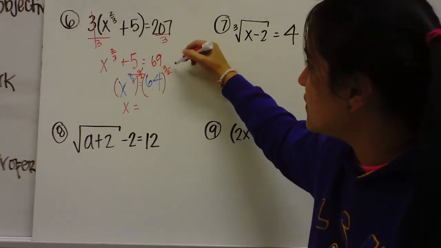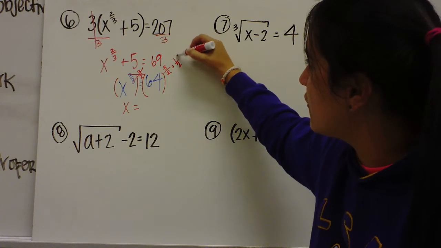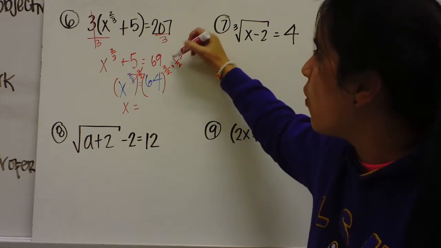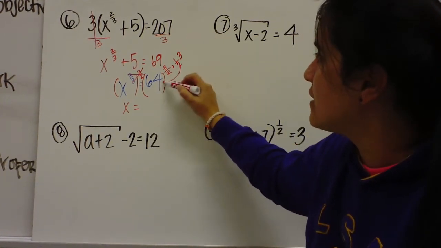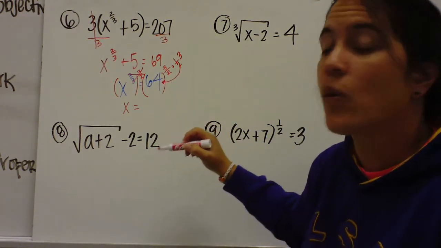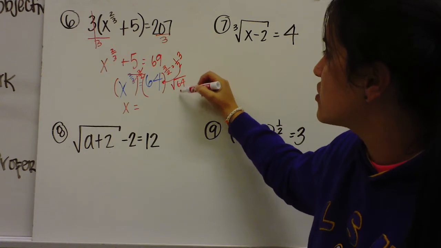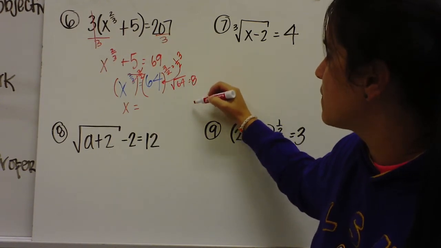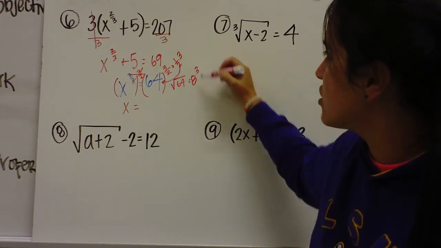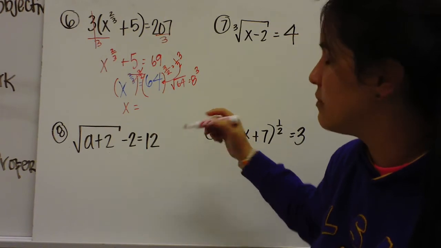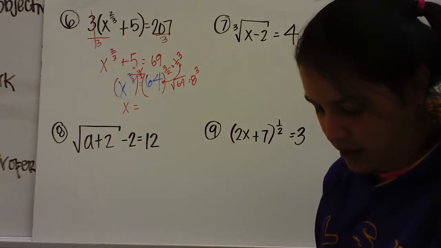So 3/2, I can break that into 1/2 times 3. 1/2 is really nice because we know the square root of 64 is 8. And then 8 to the 3rd power would be 64 times 8. I don't know that. 64 times 8.